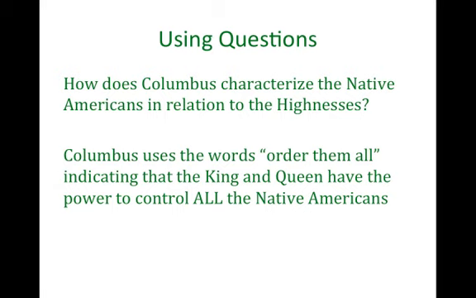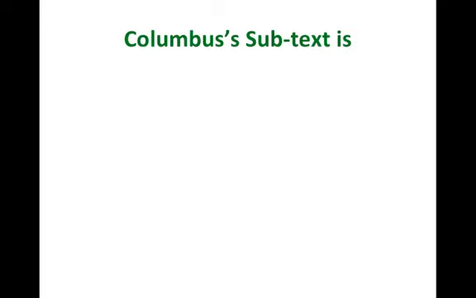So now in these two questions that help us to really pay attention to how the Spanish are being characterized and how the Native Americans are being characterized, we can come up with Columbus's worldview, or in this case, the subtext of this original primary source.